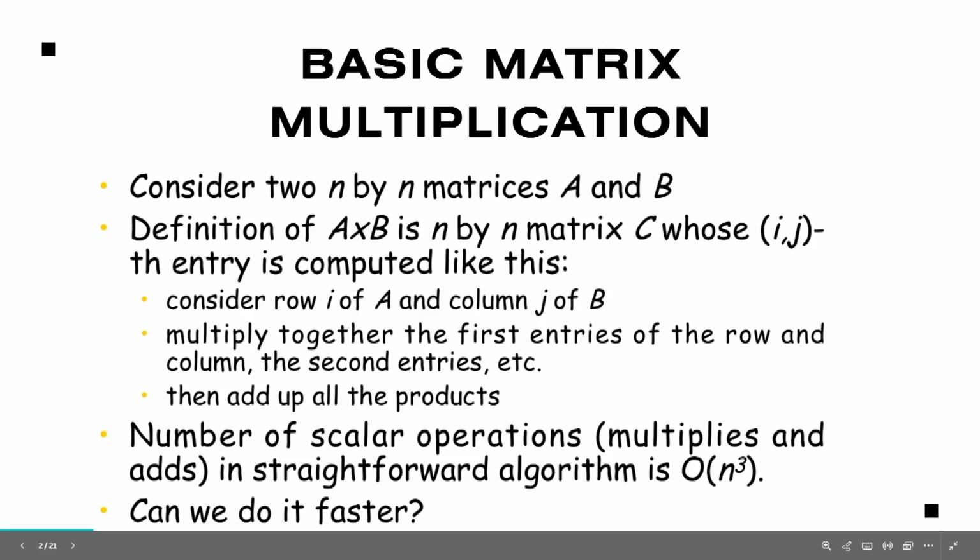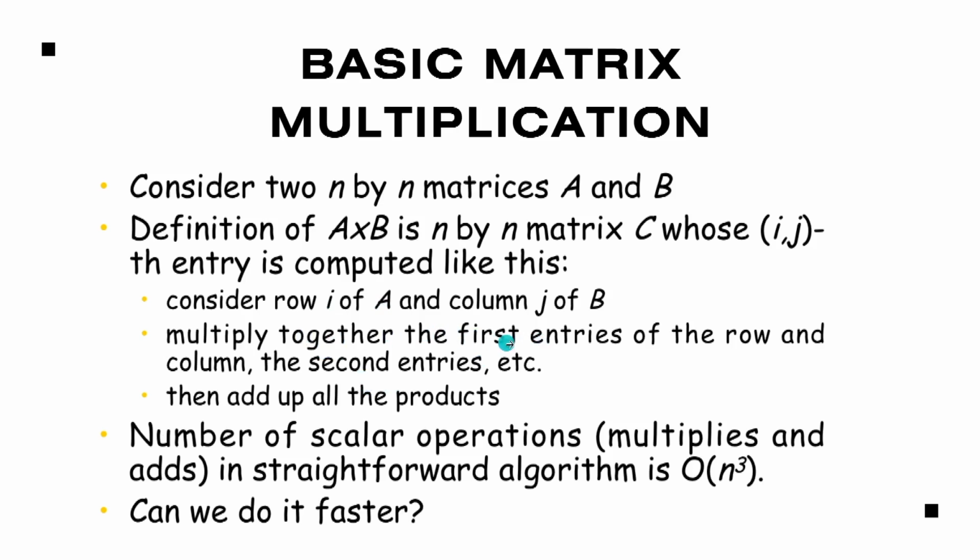We consider row i of the first matrix A and column j of the second matrix B, and we multiply their entries together, the first entry of the row with the first of the column, the second with the second, and likewise we repeat, and finally we add up all the products, and that will give you the result.